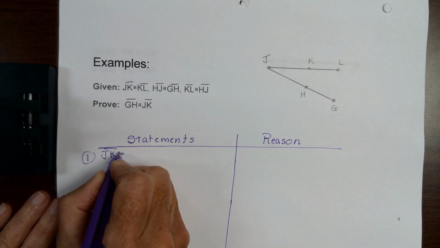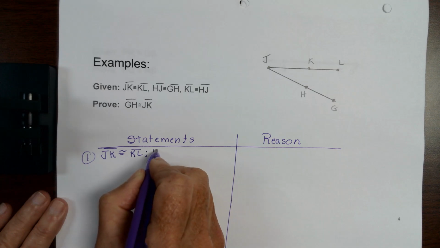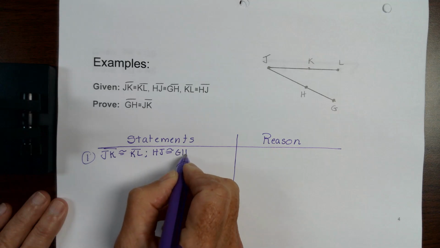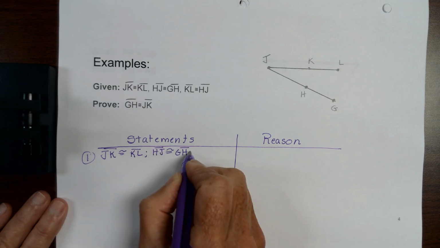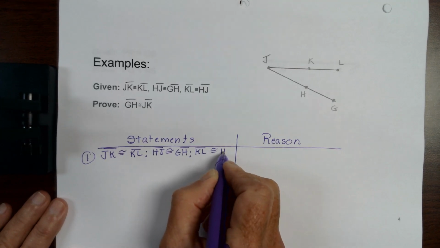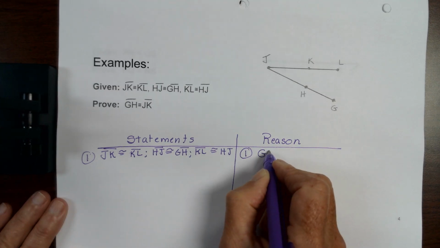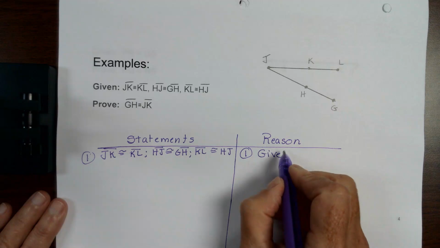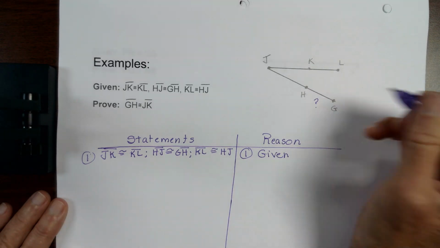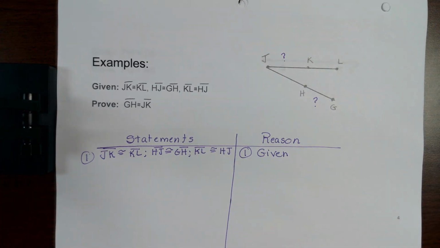JK is congruent to KL, and HJ is congruent to GH, and KL is congruent to HJ, and that's given. What we are trying to prove is that this GH is congruent to this JK. That's what we want to end with.